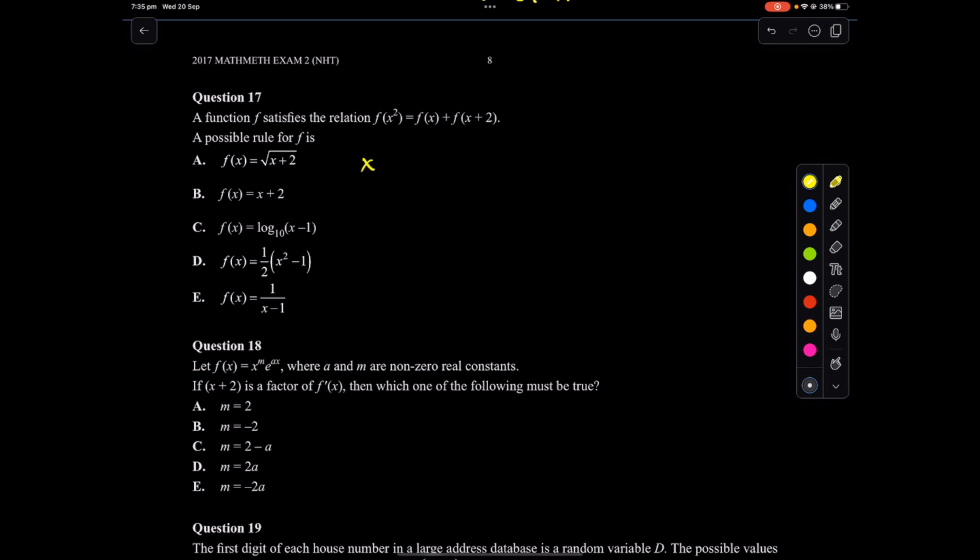So x squared plus 2, x plus 2, x plus 4. So this will be 2x plus 6. No, they're not equal. Next one, log 10 this.